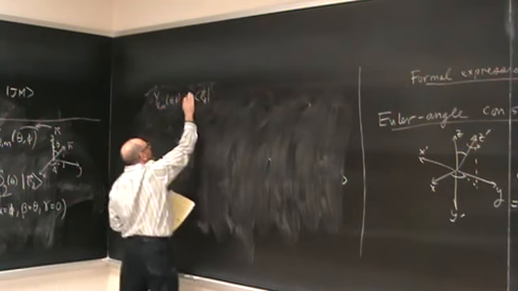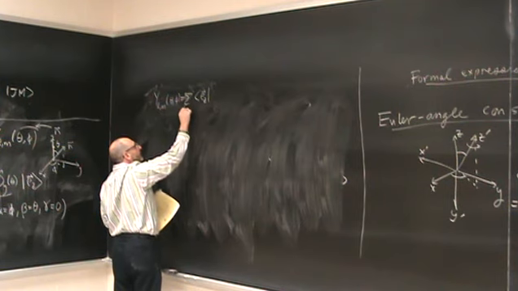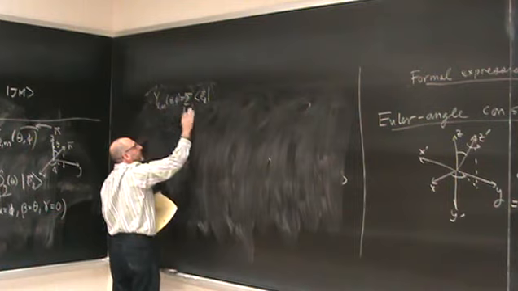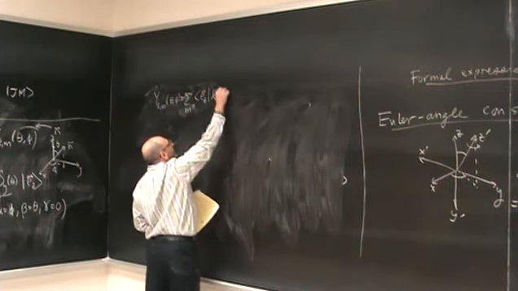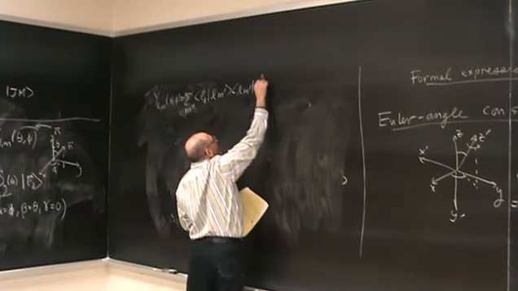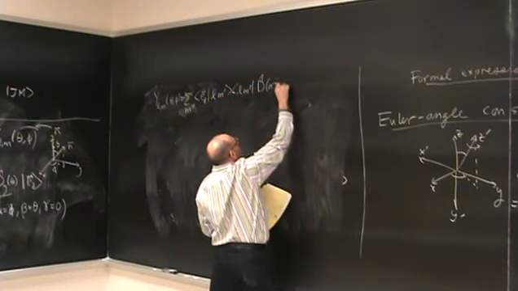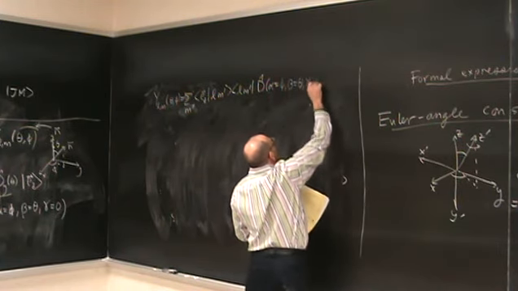Now I'm going to insert a complete set for the fixed L, sum over M prime, |L M prime>, D with alpha equals phi, beta equals theta, gamma equals 0.